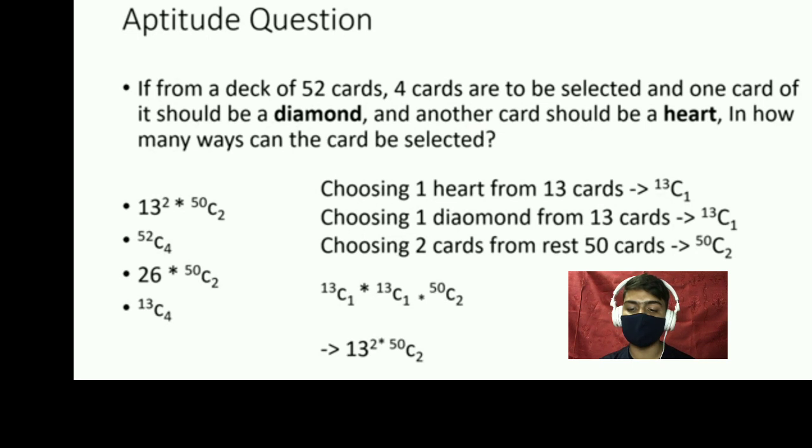Then choosing 2 cards from the rest of the 50 cards, as the total number of cards is 52 and we have chosen 2 earlier, so the remaining are 50 cards. So simply the multiplication of the combinations is the result.